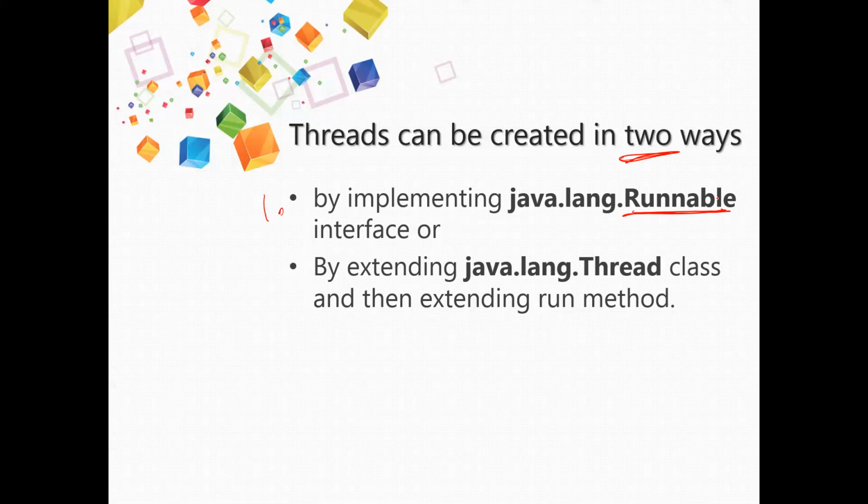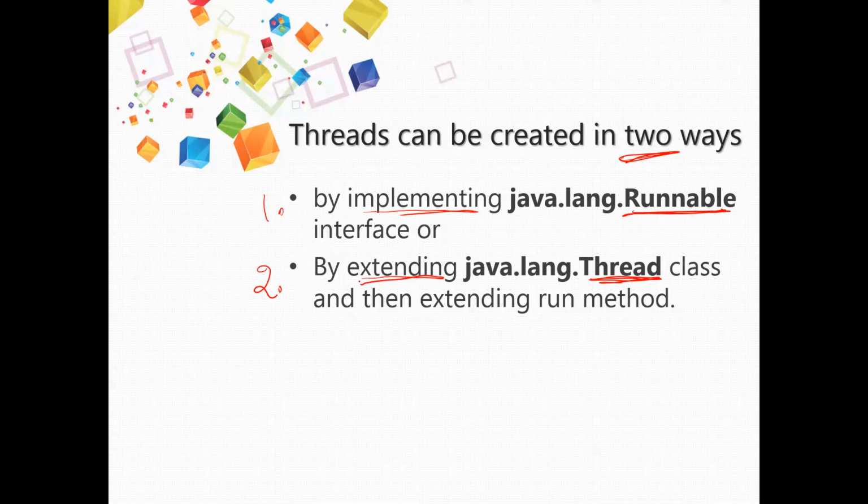And the other technique is by extending the Thread class. See the words they are using. As it is an interface, you use the word implementing. As it is a class, you use the word extending.